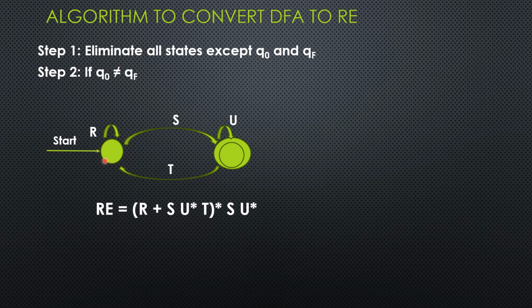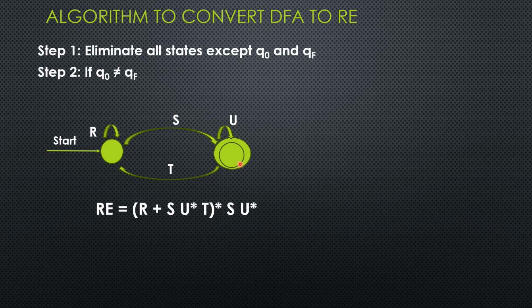Now the equivalent regular expression for such a DFA is here, as you can see, R plus S U star T. So this can happen any number of times. That's why it's mentioned as star, then finally S and U star.